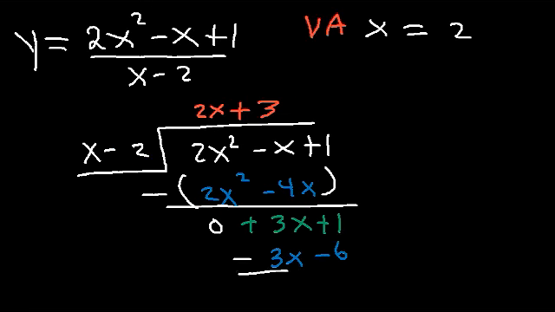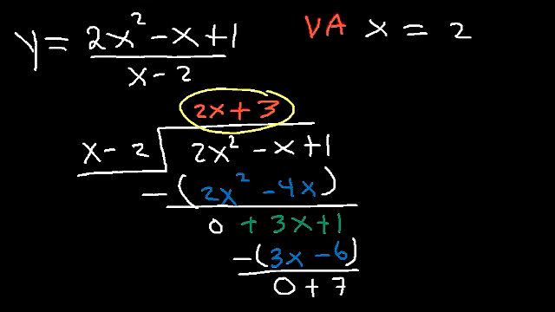So we need to subtract. 3x minus 3x, well, that cancels to 0. 1 minus negative 6 is the same as 1 plus 6, so the remainder is 7. Now we don't need to worry about the remainder. This is what we need. The equation of the slant or oblique asymptote is y is equal to 2x plus 3.